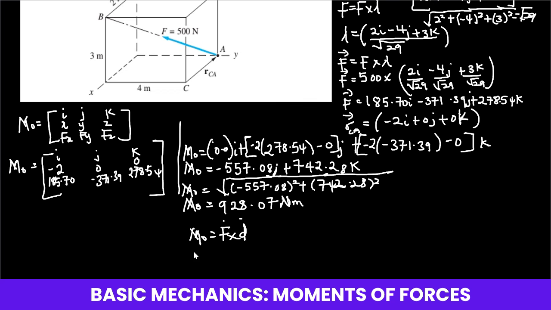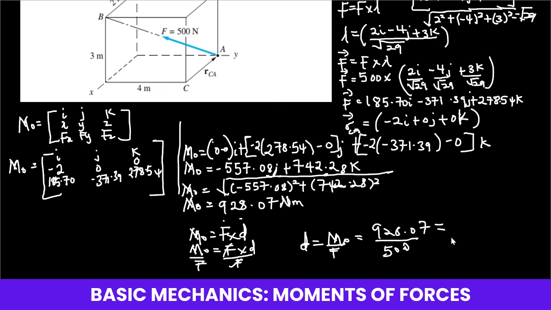Divide both sides by F to get rid of F. So D is equal to the moment on the force. Our moment is 928.07 on 500. Now we're going to get our D to be equal to 1.86 meters. Thank you very much.